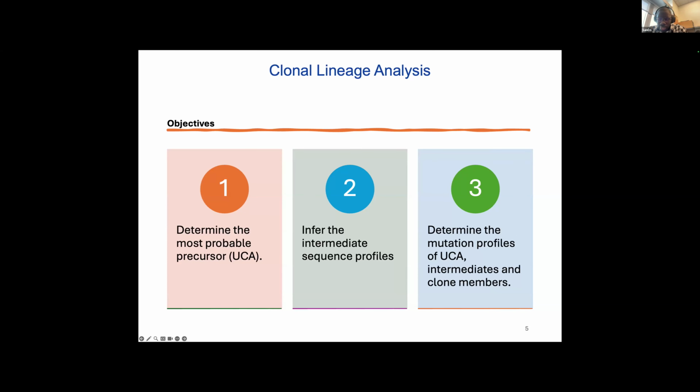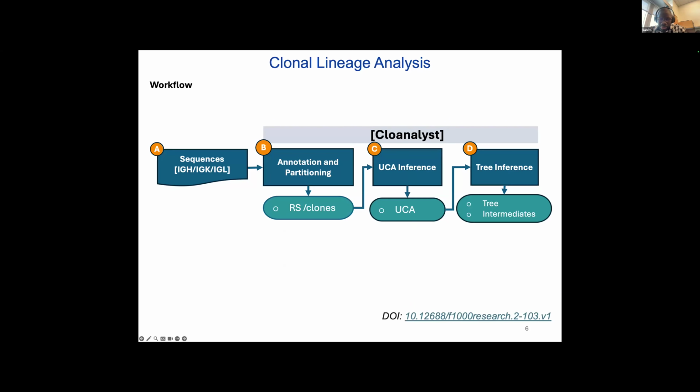So the objective of phylogenetic analysis and bnAb studies is to determine the most probable precursor, to infer the intermediate sequences, and to determine the mutation profiles of the UCA, intermediates, and clonal members. To achieve this, our lab has predominantly used Clonalyst, an integrated suite of statistical methods for analysis of antigen receptor rearrangements and somatic genetics.